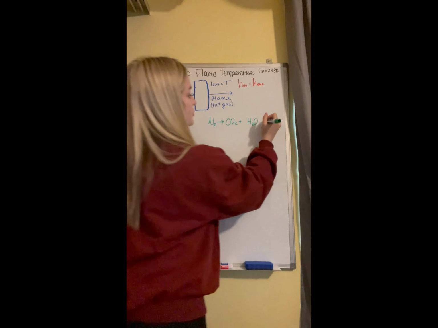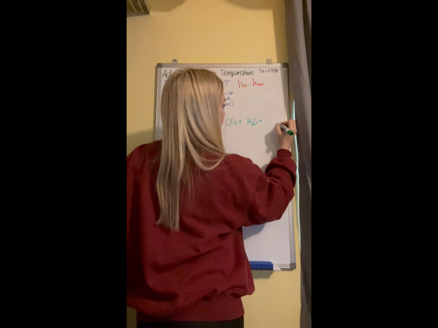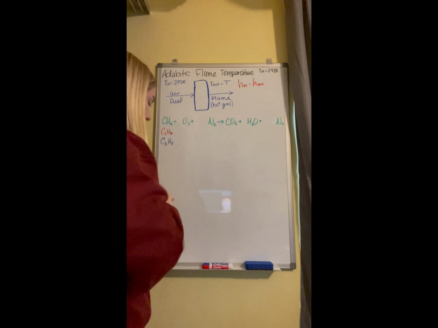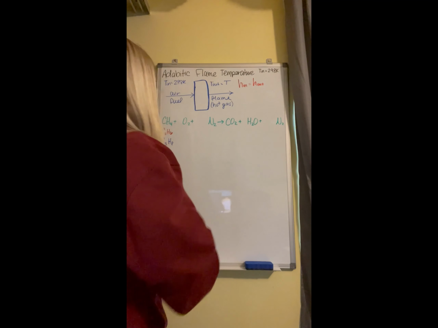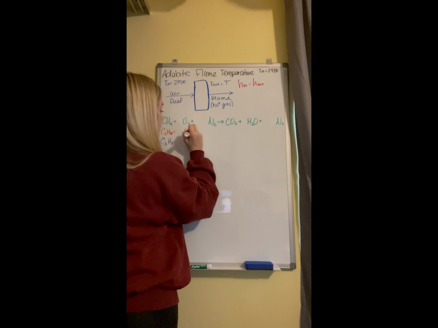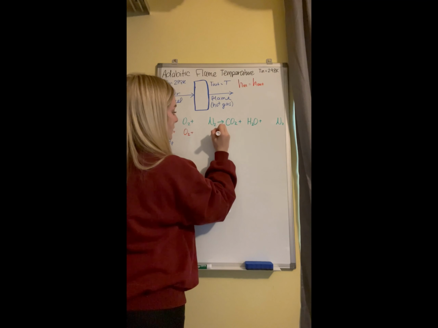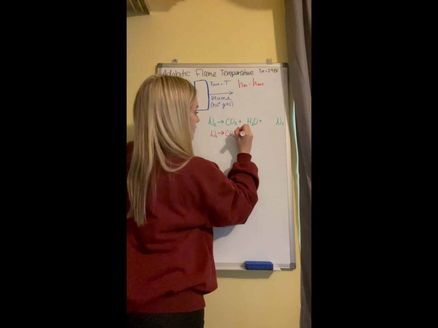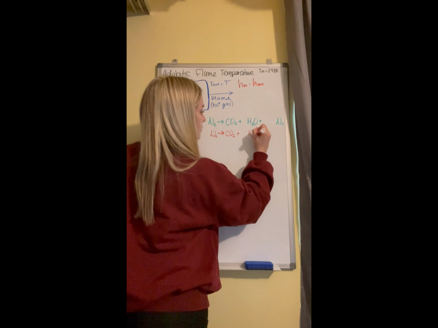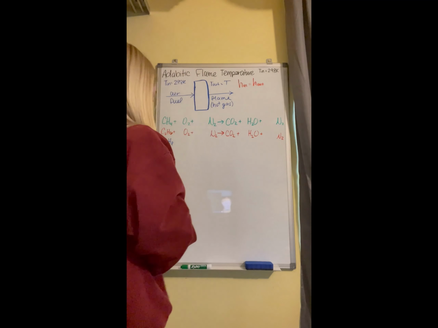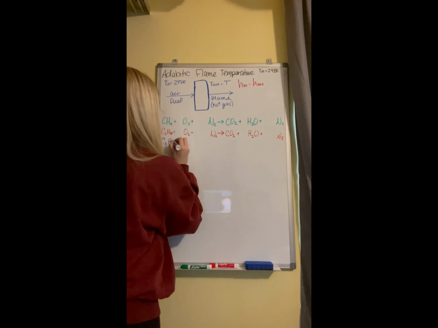And then we have to add nitrogen on this side too, but that is not going to form any products. That are just going to stay nitrogen. So we're going to rewrite this for our other two. It's going to give us these same products. All three of these are.